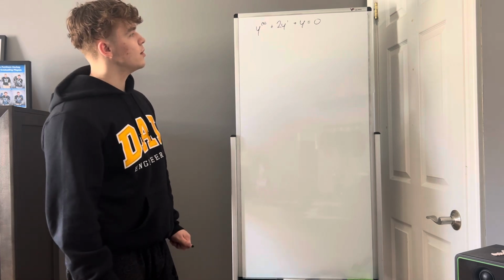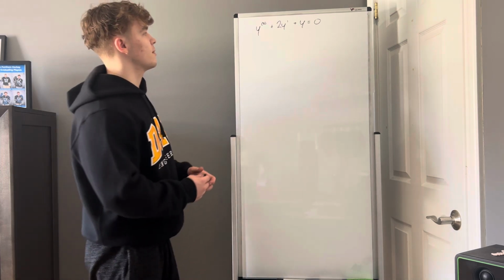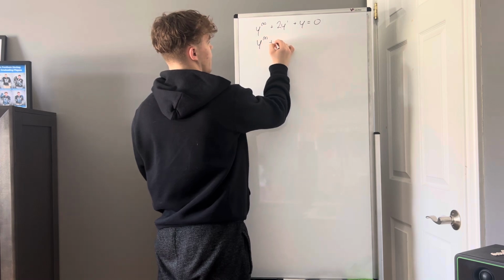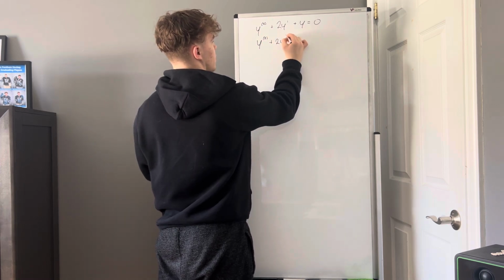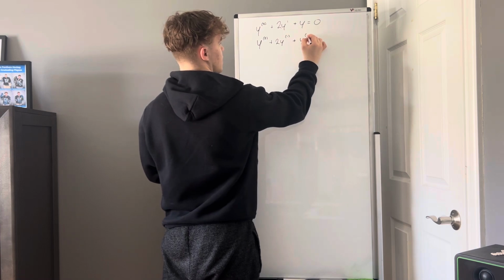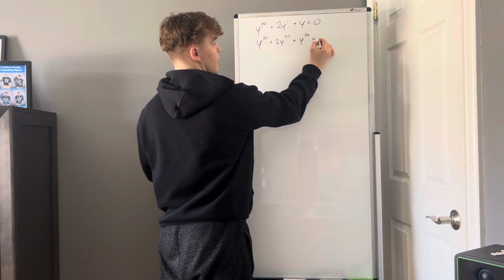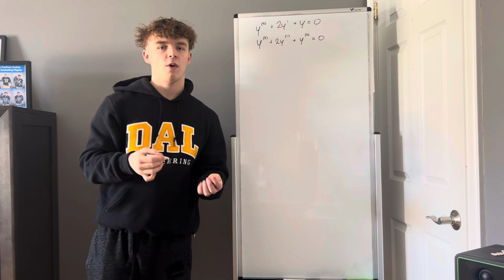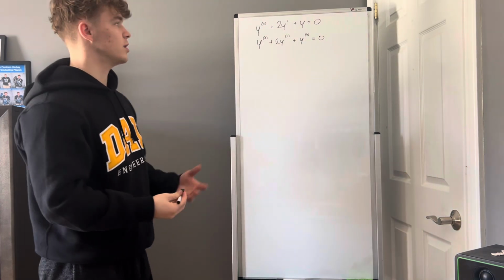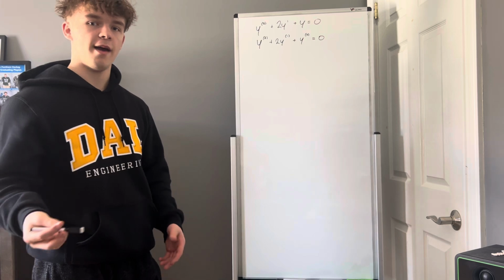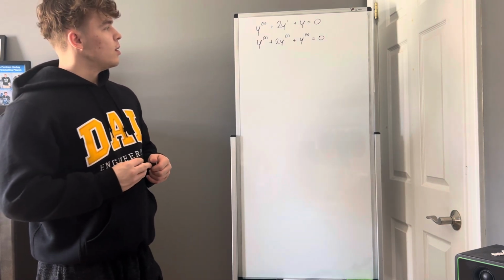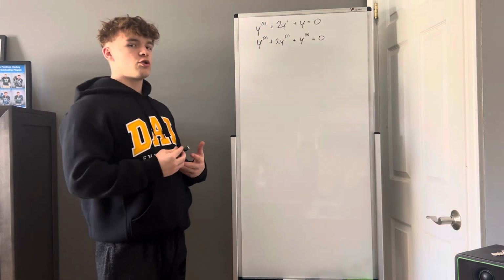And so what we can really think about this as is the second derivative of y plus 2 times the first derivative of y plus the 0th derivative of y, because for a regular y, we've derived it 0 times. And now, we're going to do a little trick.